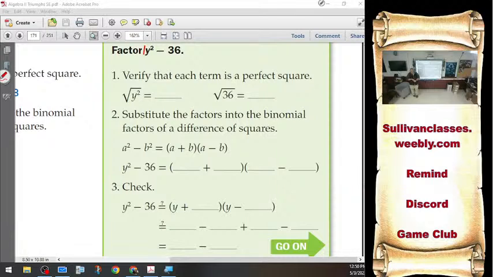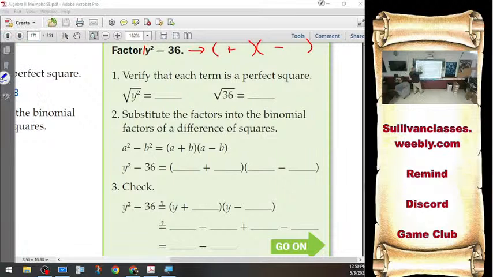So that means this is one of my special forms. Do I have a middle term? No. So that means at the end of this, it's going to turn into a plus minus pair. They got a lot of stuff to show that, but we'll see at the end, it's just this trick.